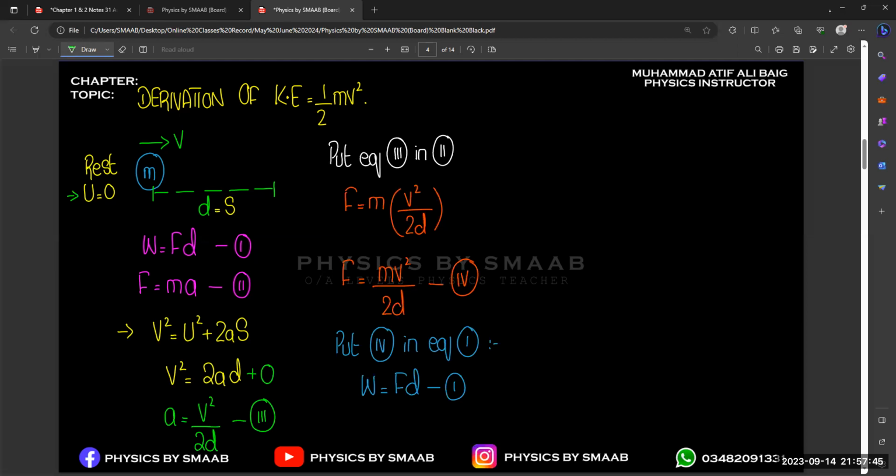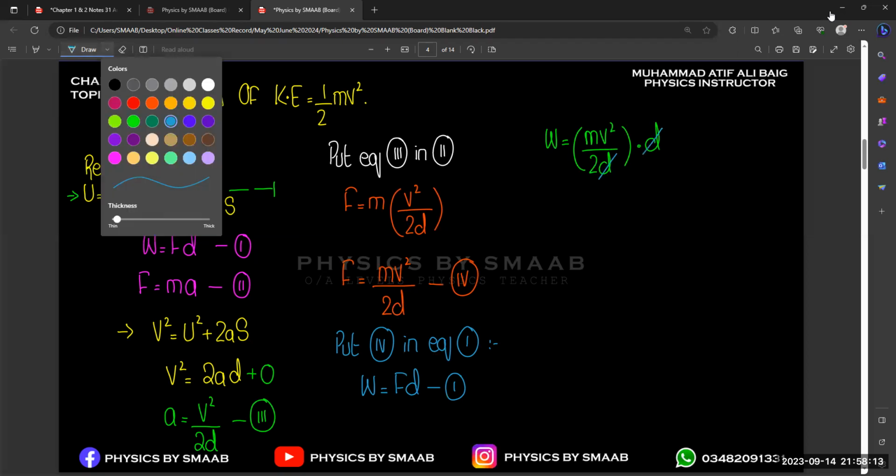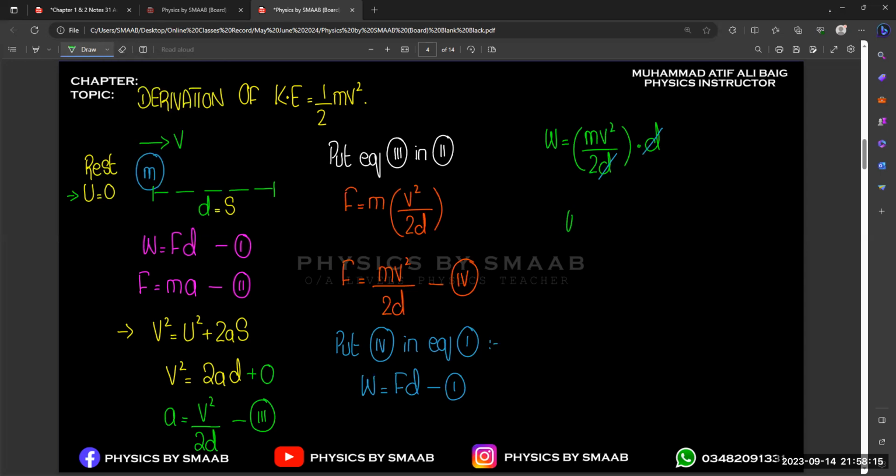You just place the value of F in the W equals Fd formula, and it will give you a half, because of the 2. So this is the fourth equation, F equals mv squared divided by 2d, that we used in our derivation. And finally you get your final value.